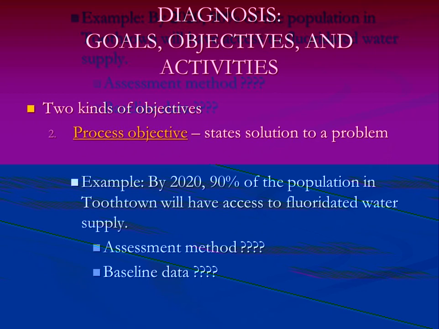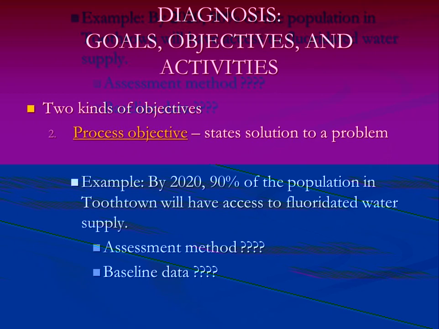We would probably talk to the water company, because then they would know what they're doing in terms of how they're fluoridating and how much of the population actually utilizes their services. And you can make an assumption of what the baseline data also says here. And the baseline data probably told us that less than 90% of the population had access to fluoridated water.